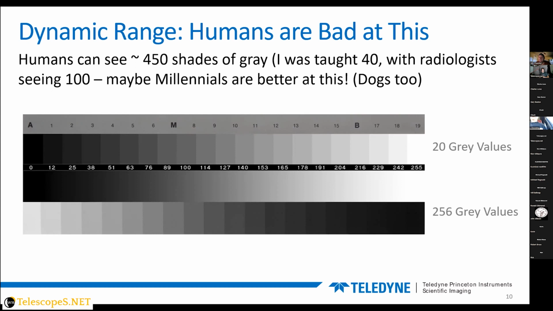That's a really good point that I didn't discuss during this at all, and I kind of allude to it here. When I was taught this a long time ago, I was taught that humans can see 40 shades of gray. And if you're a radiologist, someone who looks at gray for a living, you might be able to do 100 shades of gray. Now, I guess the latest research says that was actually a bit wrong. It's more than that. But regardless, it's a tiny fraction of what the camera can see.